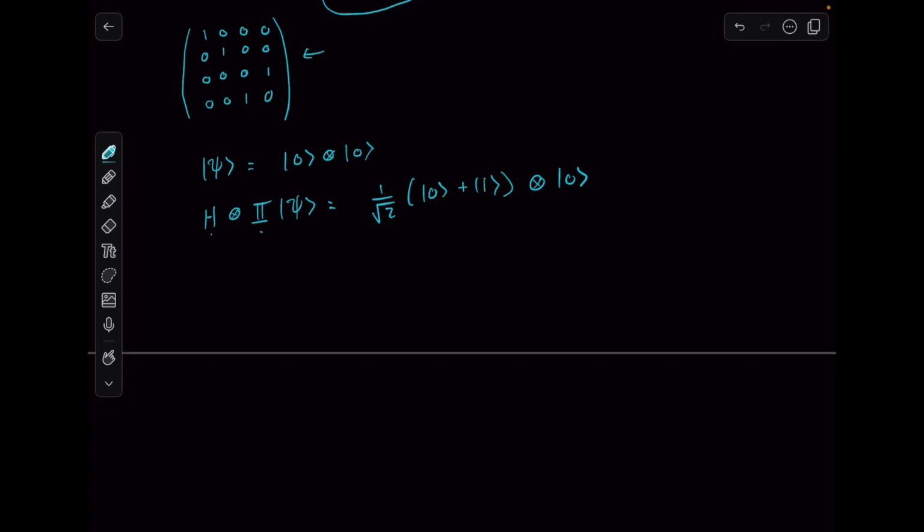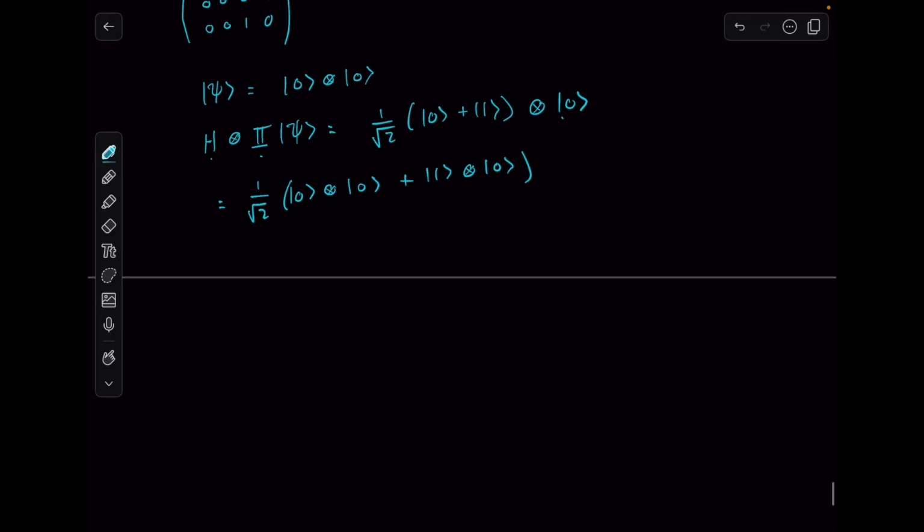And now, let me expand this just by distributing out the 0. We have 0 tensor 0 plus 1 tensor 0. Now what happens if we apply a C-NOT, or controlled NOT, to this state?